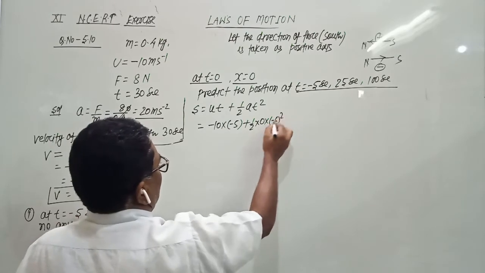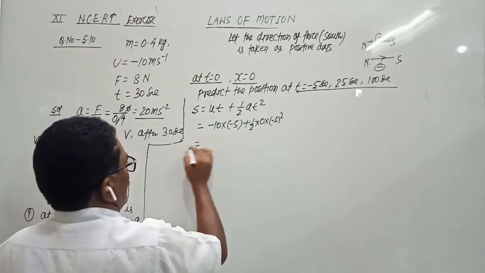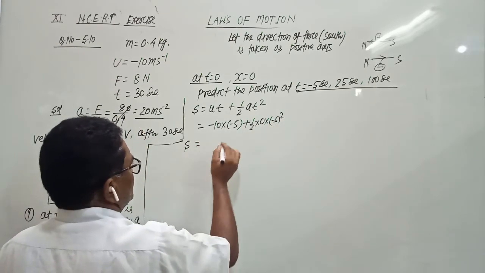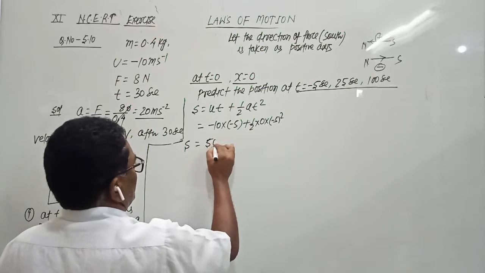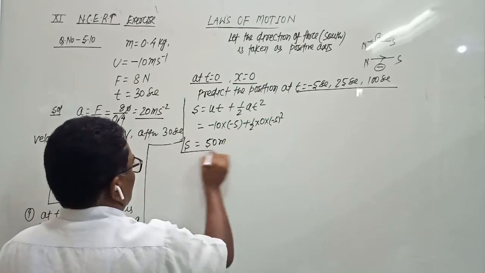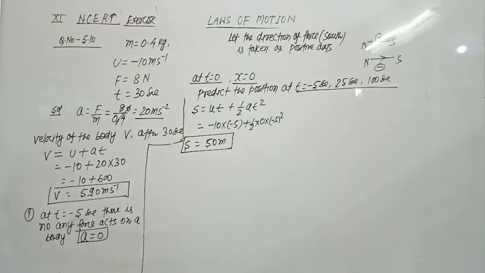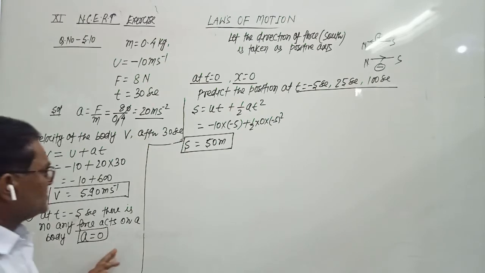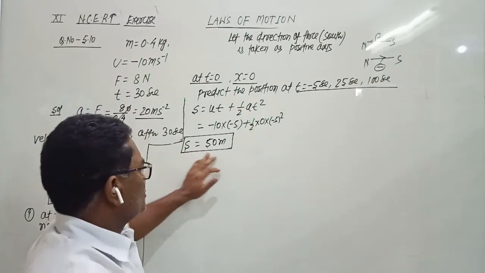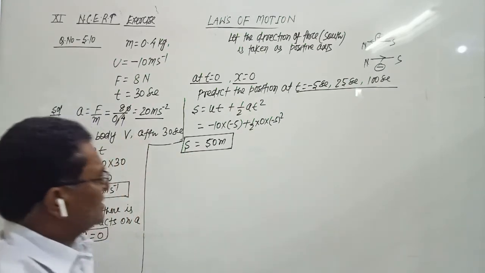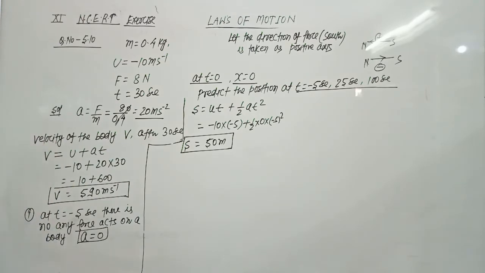So this whole expression becomes 0, and the position of the particle is 50 meters. So at time t equals -5 seconds, S equals 50 meters.